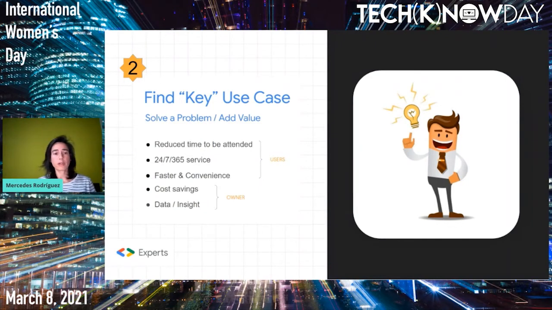Also, if the process that we want to do is faster or more convenient. For example, it's faster and more convenient to me if I'm just sitting on the sofa and I can say, okay, Google, please, I want to talk to health services to book an appointment for tomorrow for my doctor.